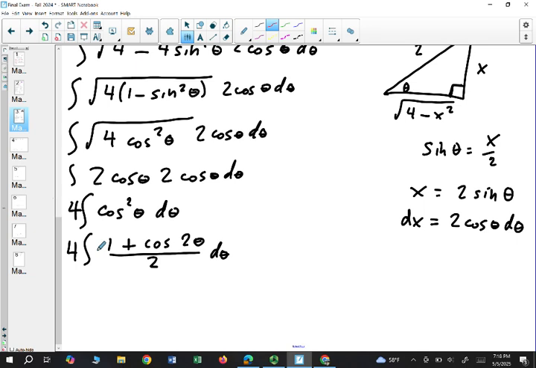Okay, we can cross cancel between the 4 and the 2. Right, goes twice, so we have a 2. So 2 integral 1 plus cosine of 2 theta d theta. Okay, and now we can integrate.